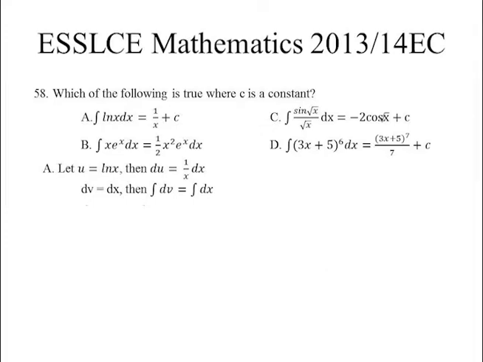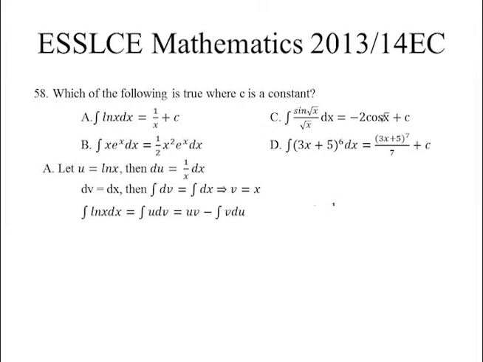Integral of dv is simply v, which is equal to the integral of dx, which is simply x. Thus, the expression integral of ln x dx is equal to, we substitute ln x by u times dx by dv. The integration by parts formula specifies that integral of u dv is equal to uv minus integral of v du.